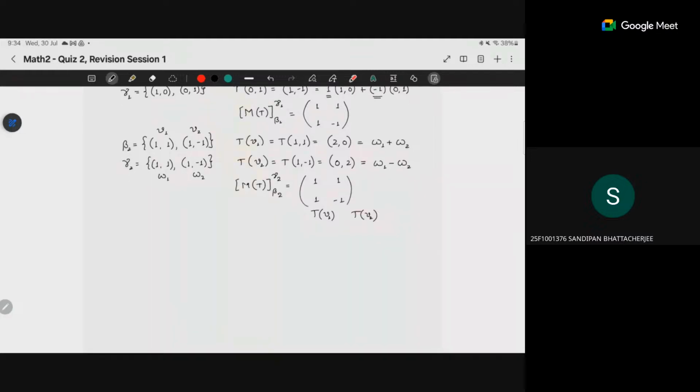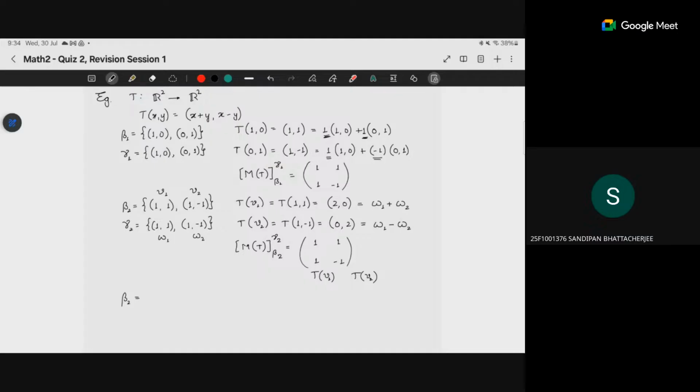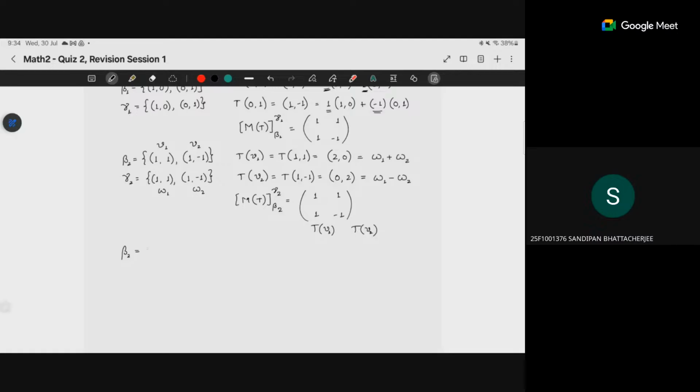Now, let us do something else. I'll take the standard basis for the domain. Once again, I'll call it V1, V2. For the codomain, I'll take this basis, (1, 1), (1, minus 1).